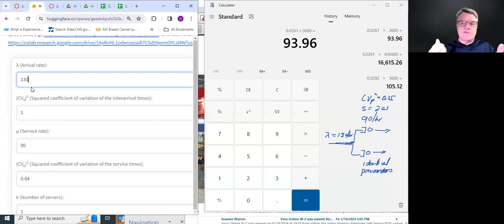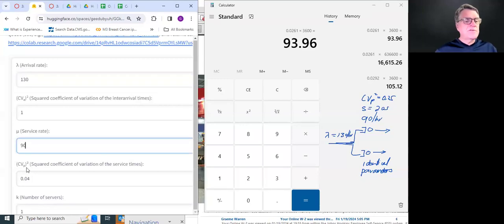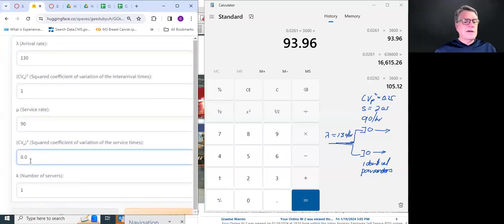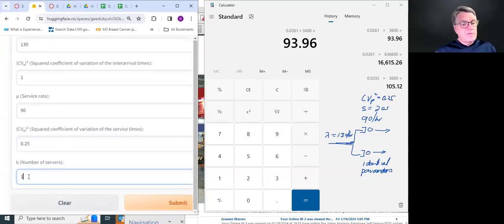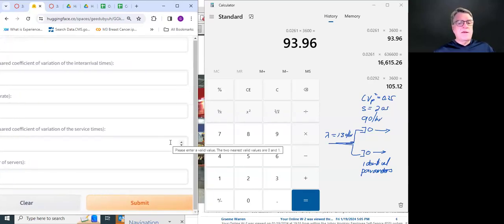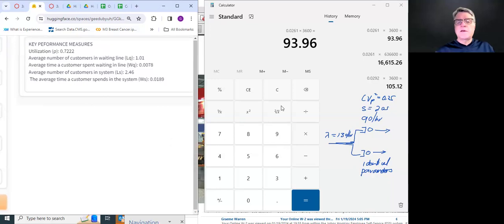But it turns out that if I bring together two Poisson streams, in fact it will be a Poisson stream with the sum of the two arrival rates. So the service rate remains the same. This guy goes back up to 0.25. Now we've got the two servers. So let's go ahead and hit submit, and I'm going to just slide across here and see.